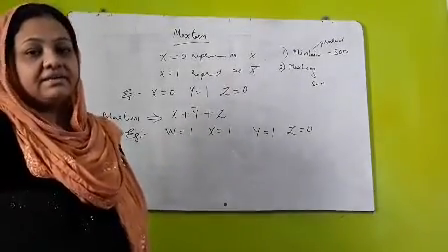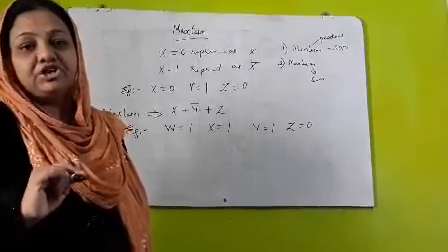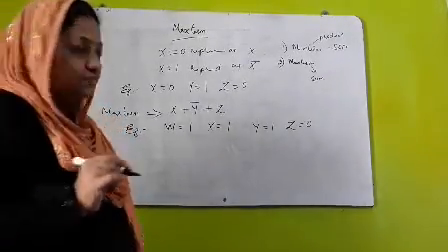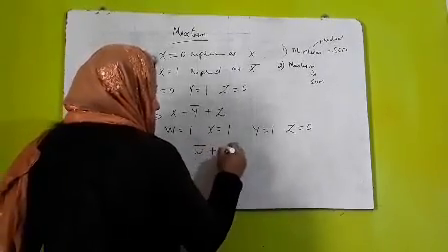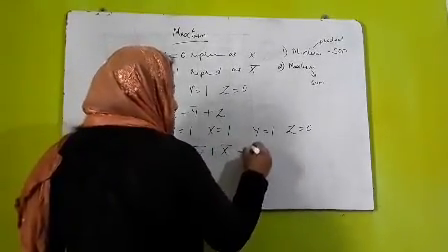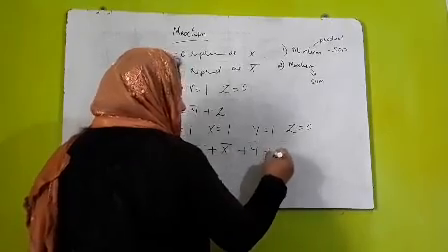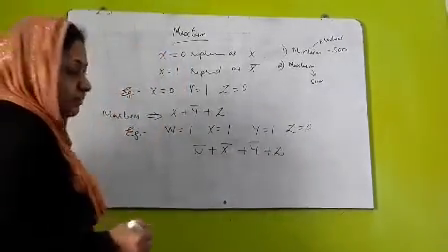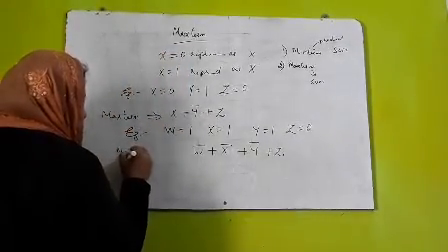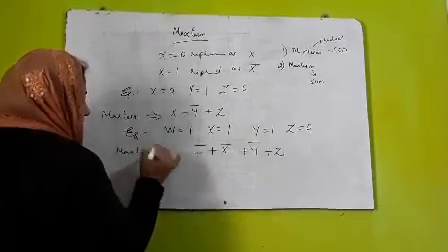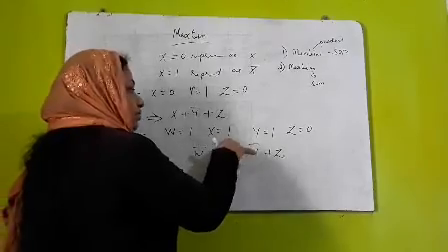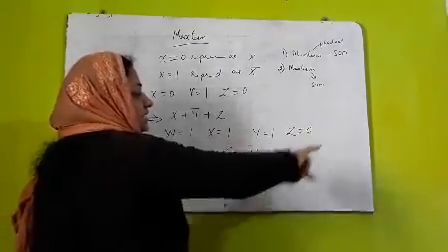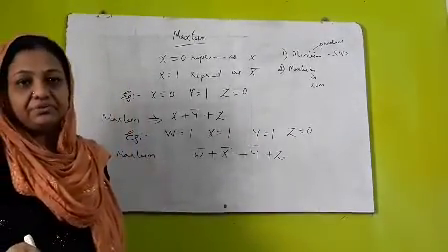Now let us try writing the max term expression for the same. So it will be w bar plus x bar plus y bar plus z. This is the max term representation for w is equal to 1, x is equal to 1, y is equal to 1 and z is equal to 0.